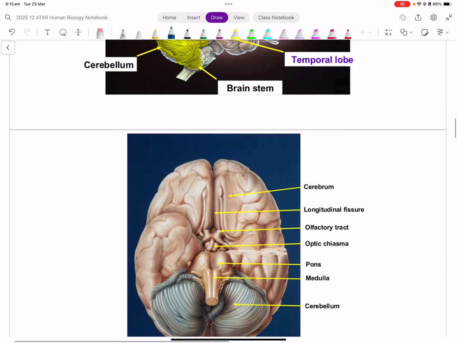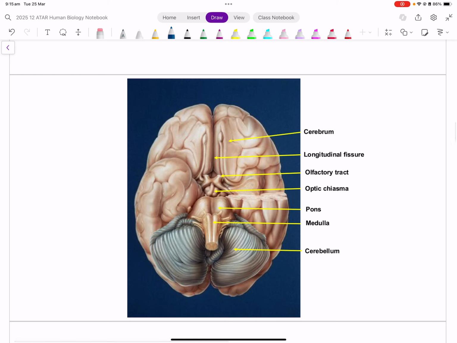If I move down to my next diagram here, we're now looking from the bottom of the brain up, we can see that there's this longitudinal fissure. This fissure is a really deep downward fold. So our sulci were our really shallow downward folds in the brain tissue. However, the longitudinal fissure is quite a deep one, and that extends all the way through the brain here.